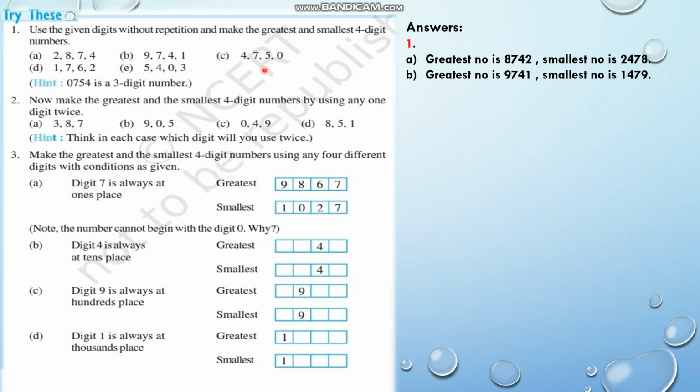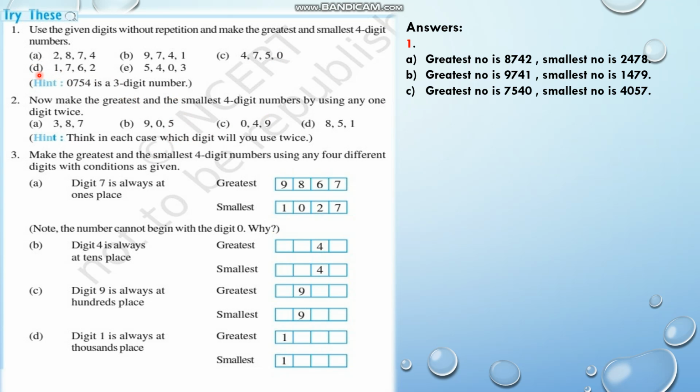4057 will be the smallest number. And the greatest number, by arranging these digits in descending order, is 7540. Okay, dears, so keep in mind, when 0 comes and you are arranging the digits to get the smallest number, you put the 0 in the second position. Okay. Now, next question.